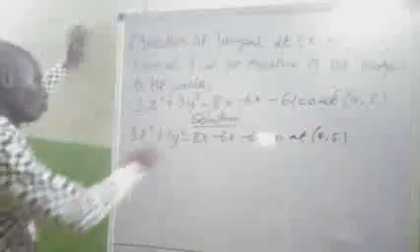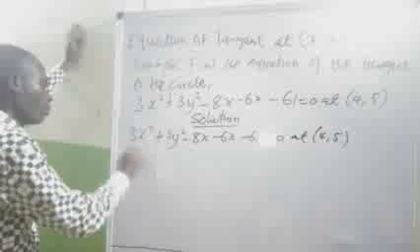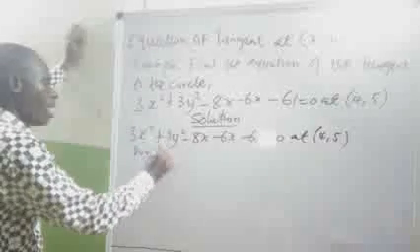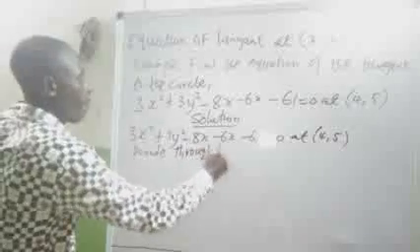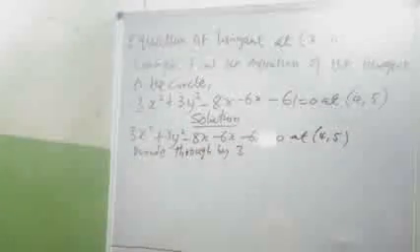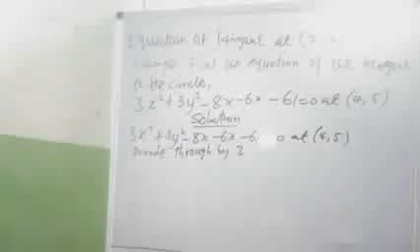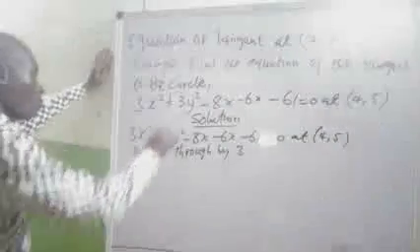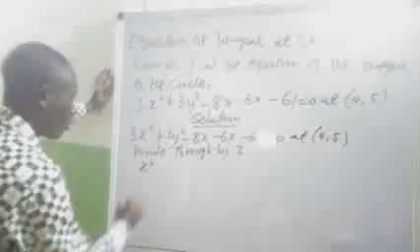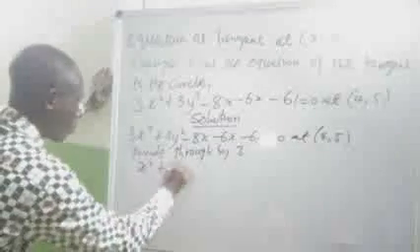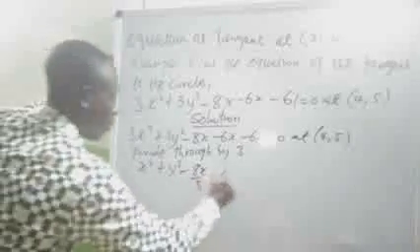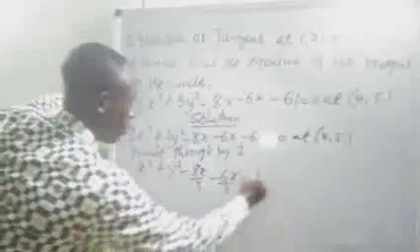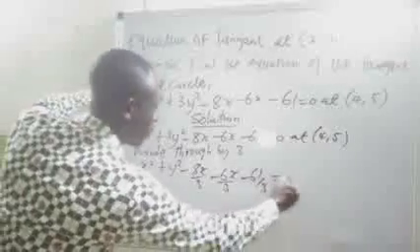If I divide through by 3, we quickly have x squared plus y squared minus 8x over 3 minus 6y over 3 minus 61 over 3 equals 0.